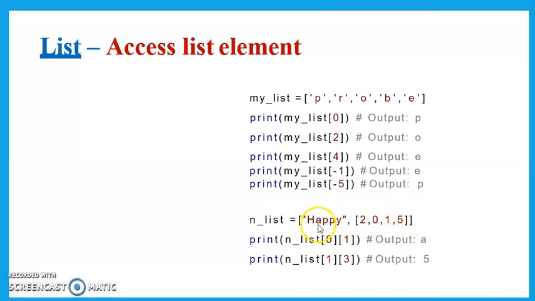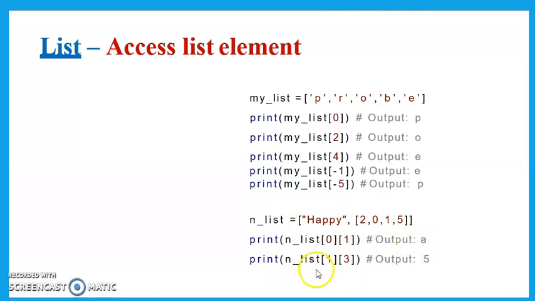To get the character A, you have to use a double index. The outer index value of Happy is 0 and the inner index value of A is 1. So [0][1] will output the character A.